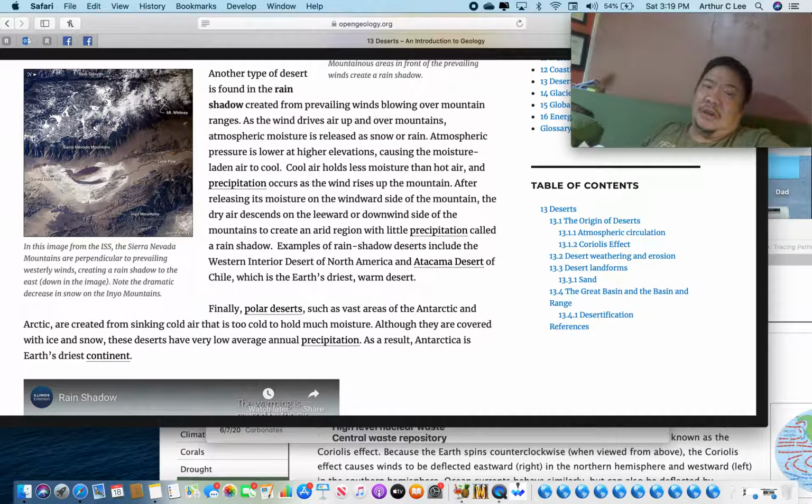Climate change is occurring. Global warming is occurring, and it's due to the burning of fossil fuels and the cutting down of trees. Fossil fuels add CO2 into the atmosphere. Trees remove CO2 from the atmosphere.